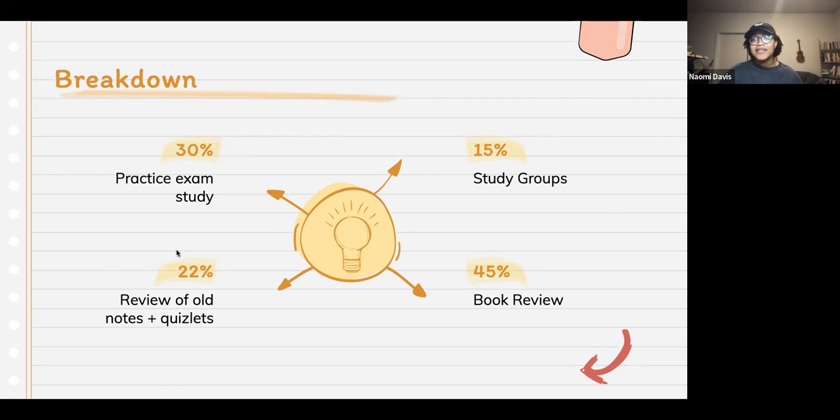We all studied for this exam differently, but we were still able to use each other as a resource and as a sounding board and as another person who was going through it at the same time as we were. So there are a lot of things to consider, but I think similarly to the exam, one of the things that's most important to remember is that there's no one right way to do this. There's no one right way to be a therapist. So, yeah. Any questions about that piece?